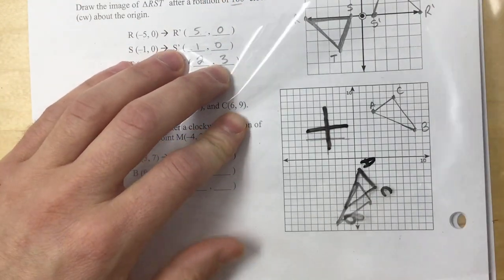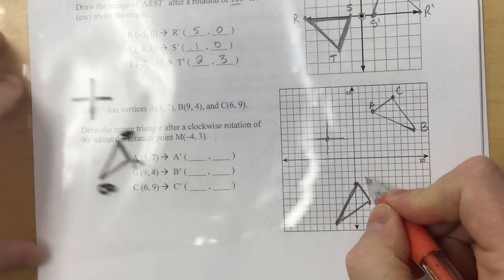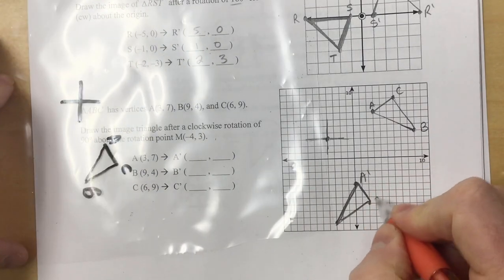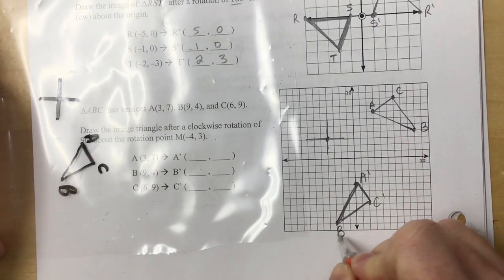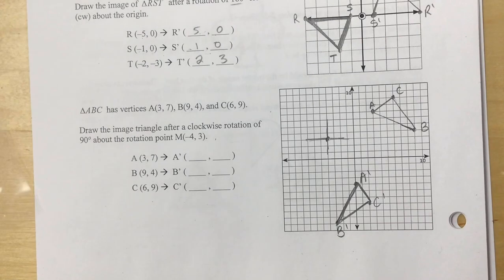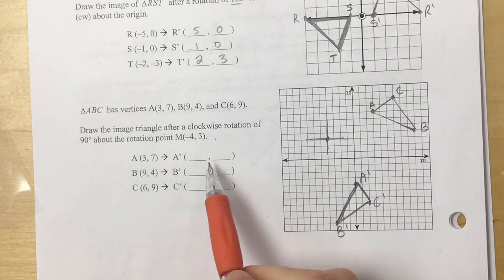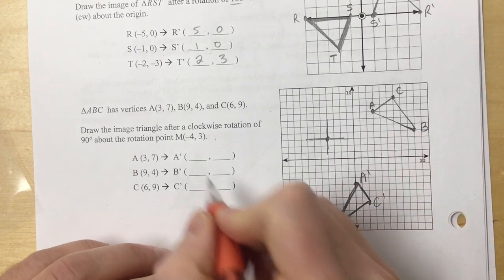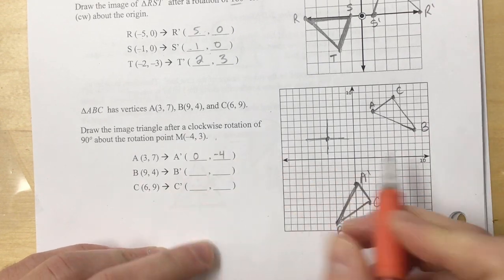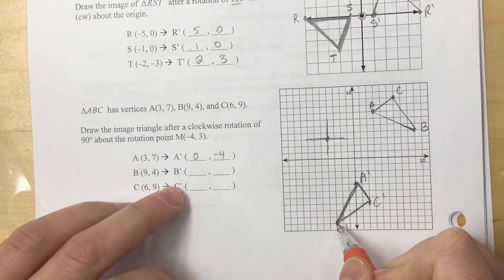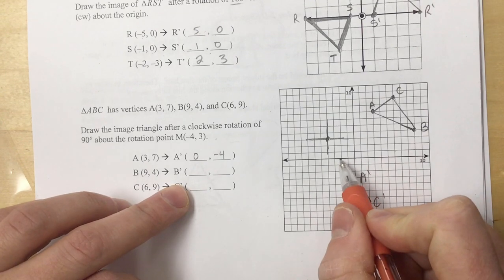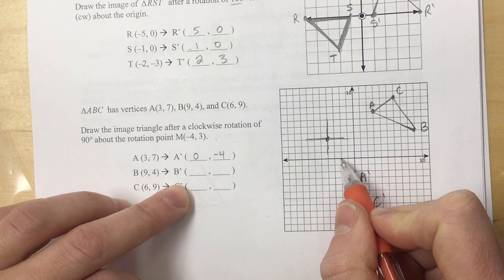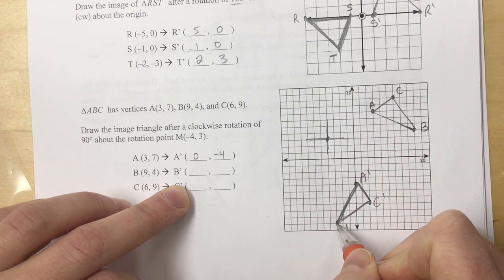Well, A is at the top here, so A prime, and C prime, and B prime. So now our last step is to figure out the coordinates of this. So A is going to be at 0, -4. B is at -2. No, -3. And looks like -10.